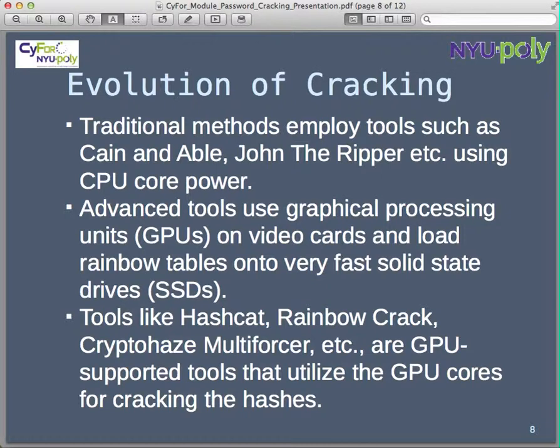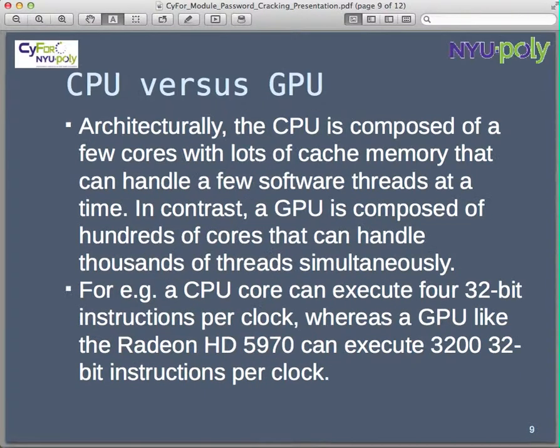But over a period of time, more and more tools have come up, such as Hashcat, RainbowCrack, Cryptohaze Multiforcer, etc., which are taking advantage of the graphical processing units which are found on video cards in modern computers, and also trying to load the rainbow tables onto very fast solid-state drives.